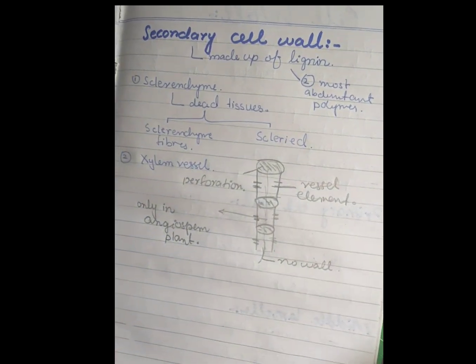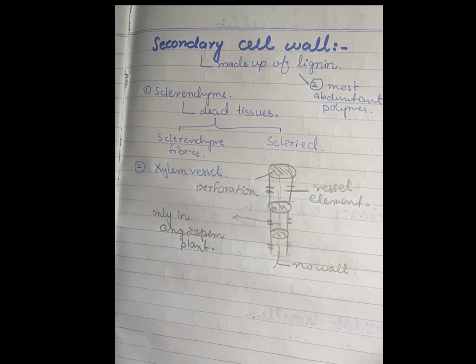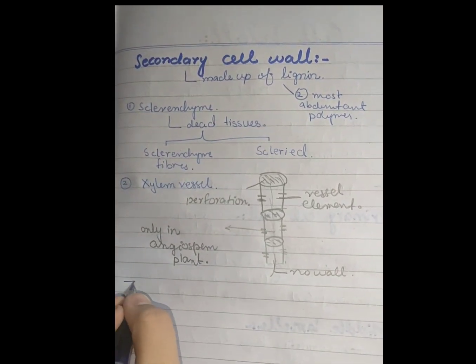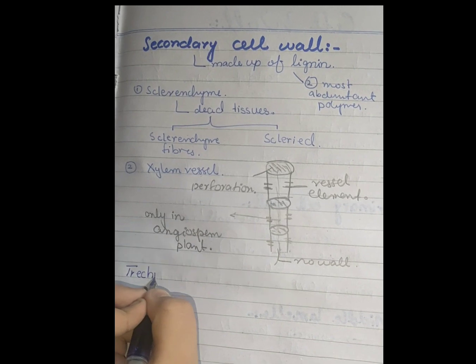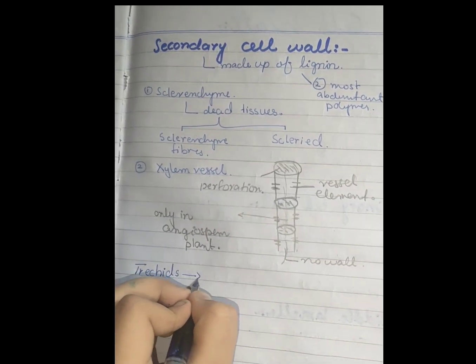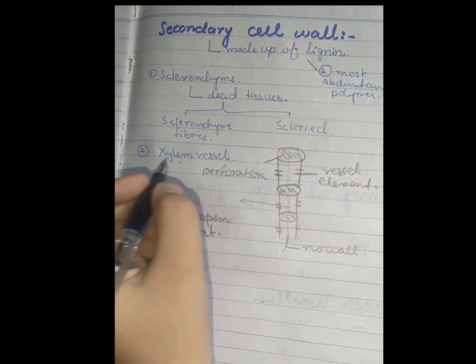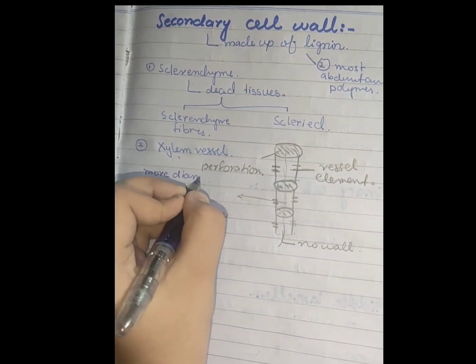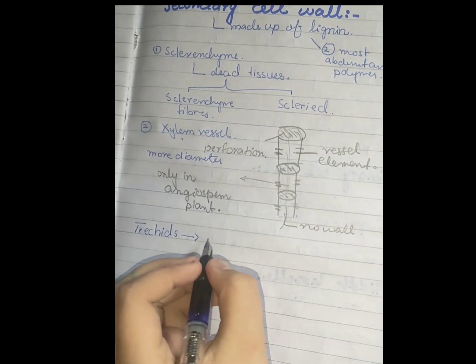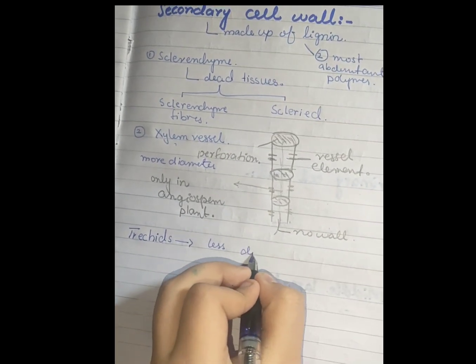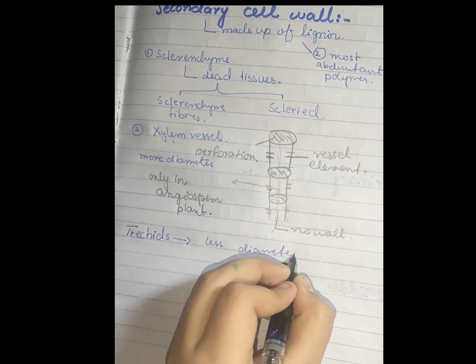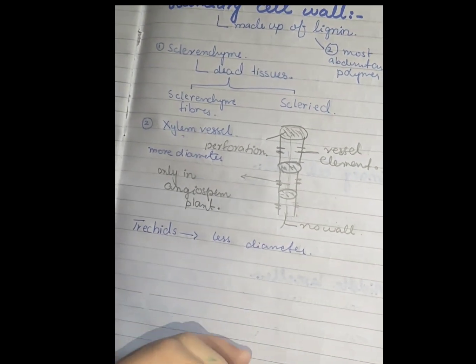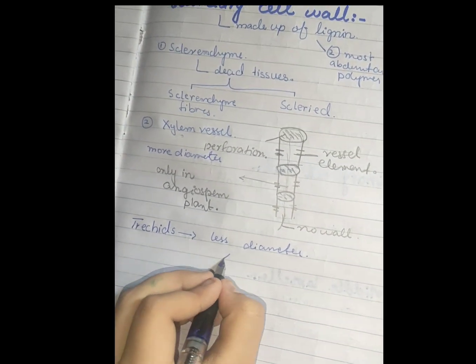Okay, now the third one we have is tracheids. Now let me tell you one thing over here. Xylem vessels have more diameter as compared to tracheids, which have less diameter. Let me explain this also with a diagram.